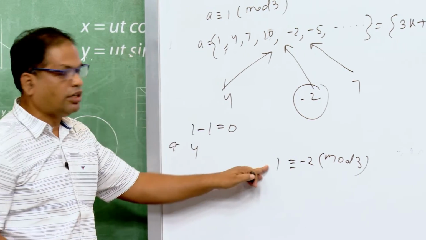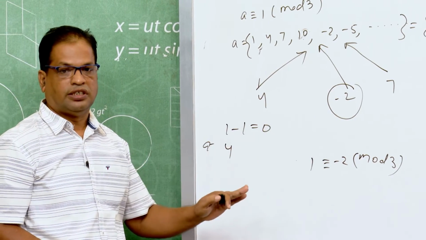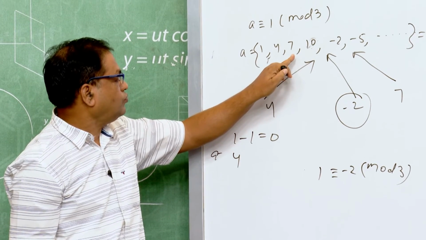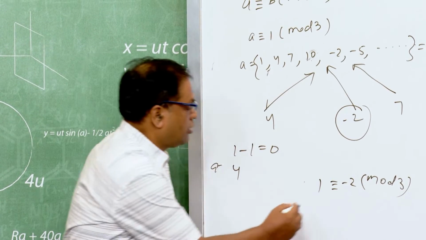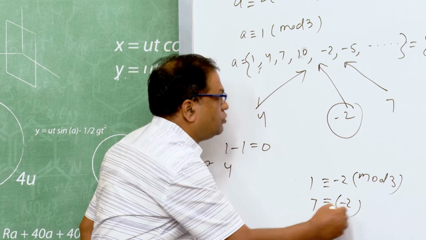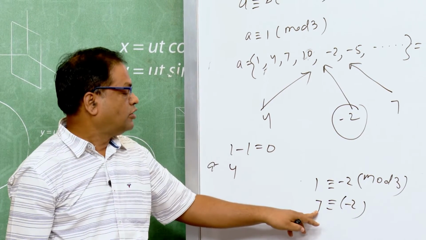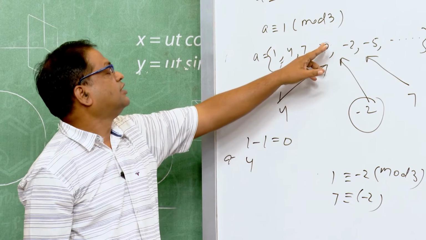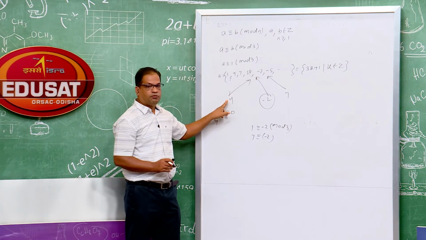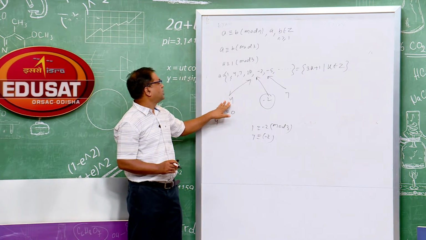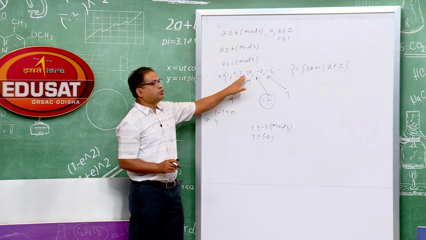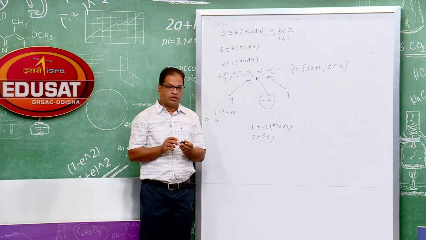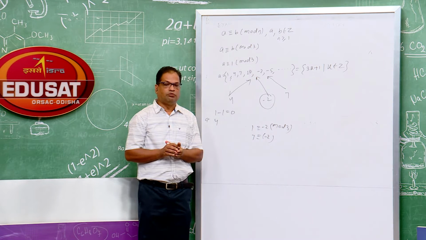Then this will also include 1, because 1 minus of minus 2 is 3, then again 7, 7 is also congruent to minus 2. So, 7 minus of minus 2 is 9, 9 is also divisible by 3. So, you will get the same set. Similarly, if you consider 4, again you will get the same set, that means 4 will be congruent to the same set of integers. So, this is about the meaning of congruence modulo relation.